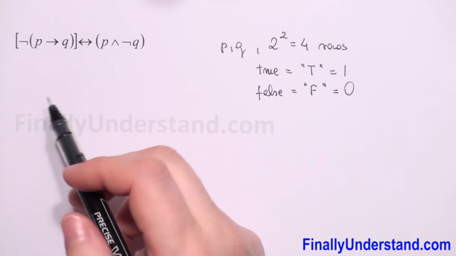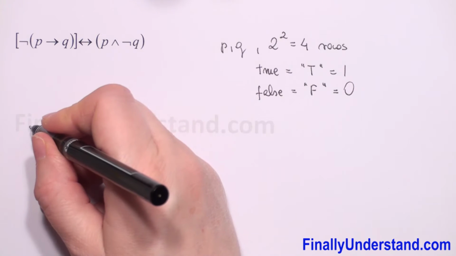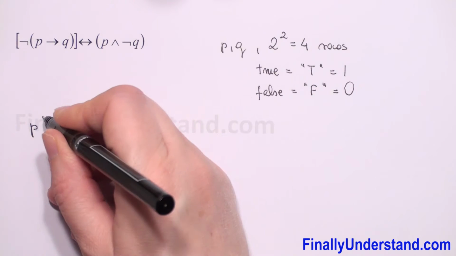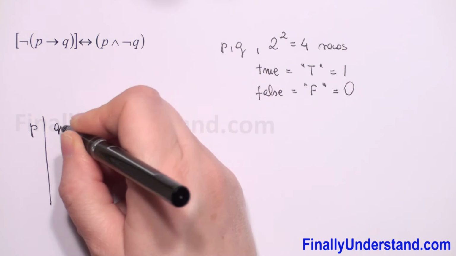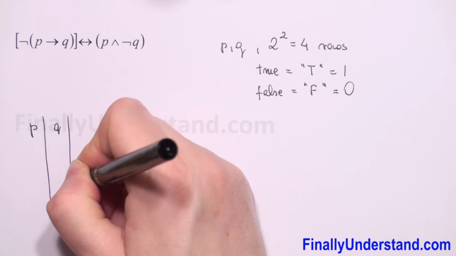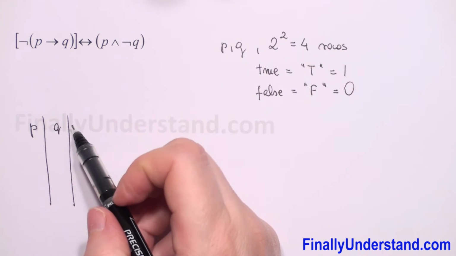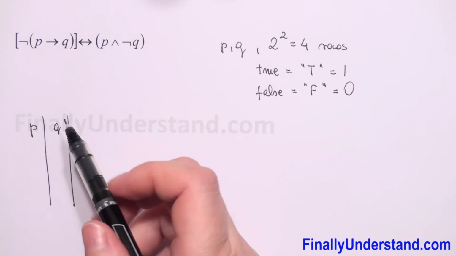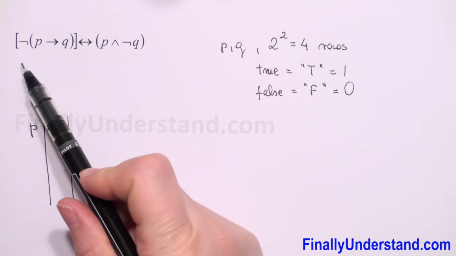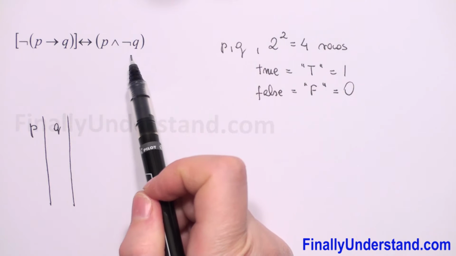Now we have to put the first simple statements P and Q, and we have to write all combinations for P and Q. We need to get 4 rows. Next we have to check if we have a negation of a simple statement.